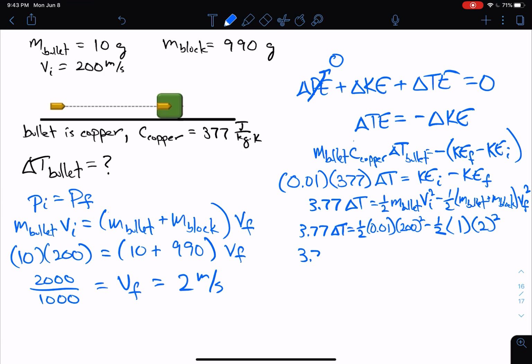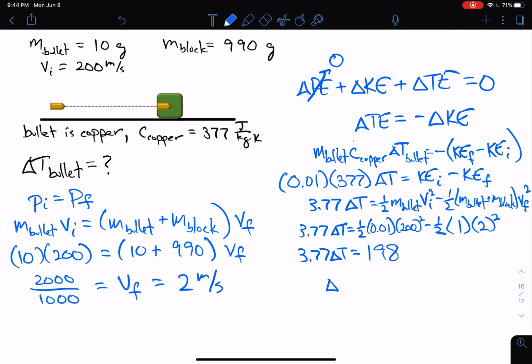So 3.77 delta T equals, and I'm going to crunch these numbers real quick. This works out to be 198. When you multiply these together and then subtract, you get 198, and that's in joules, since these are energy units.